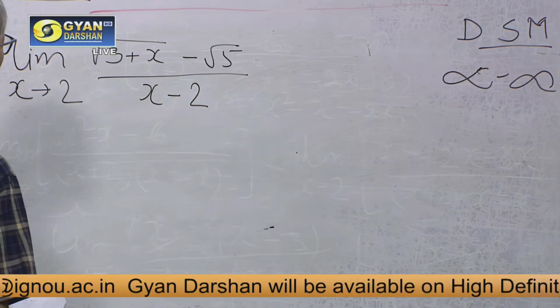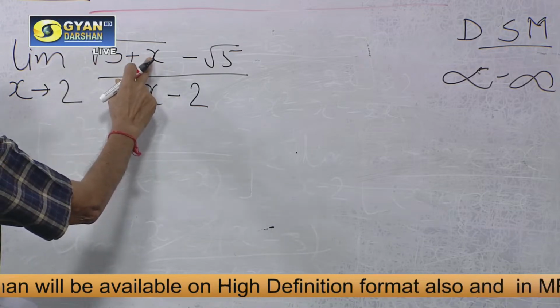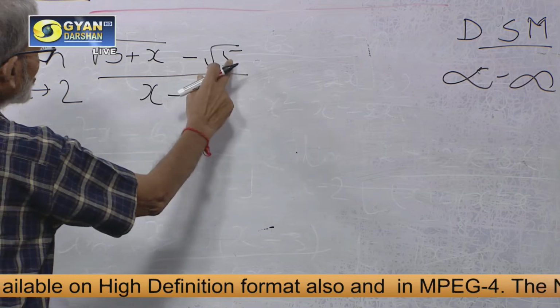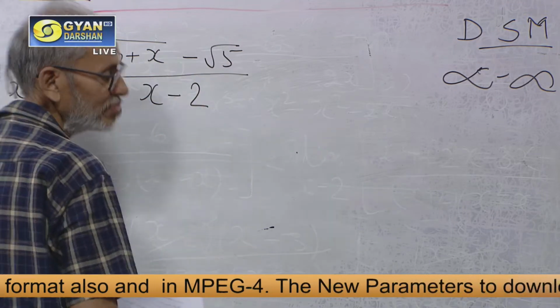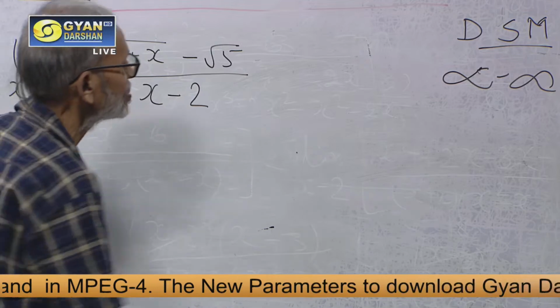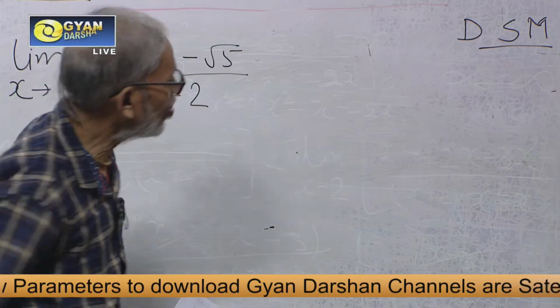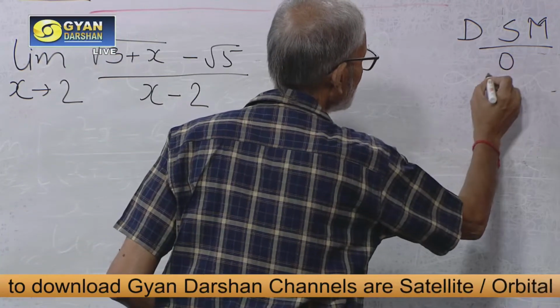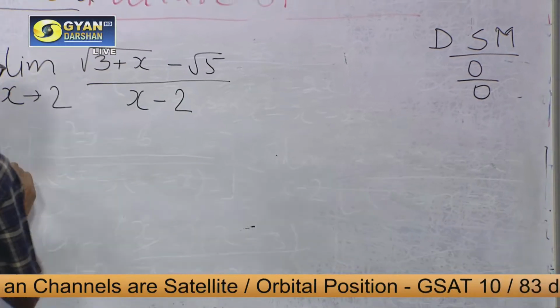Now, in direct substitution method, if you put x is equal to 2 here, it will become root 5 minus root 5. So it will become 0, and the denominator will also become 0. So it comes out in the form 0 upon 0, which is indeterminate.